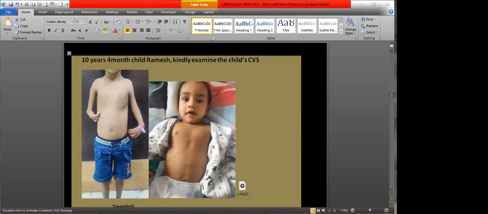That is the way, because it is already mentioned in the MRCPCH leaflet. If there is an uncooperative child, it's always better not to irritate the child. Try to auscultate first, and then you can observe or examine the child as a whole.